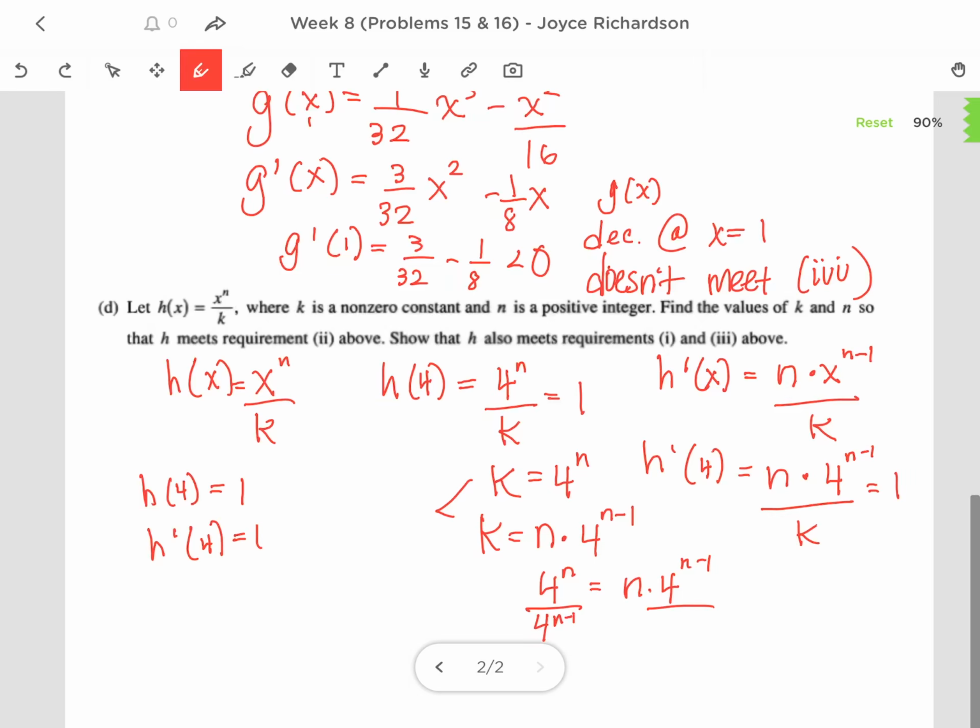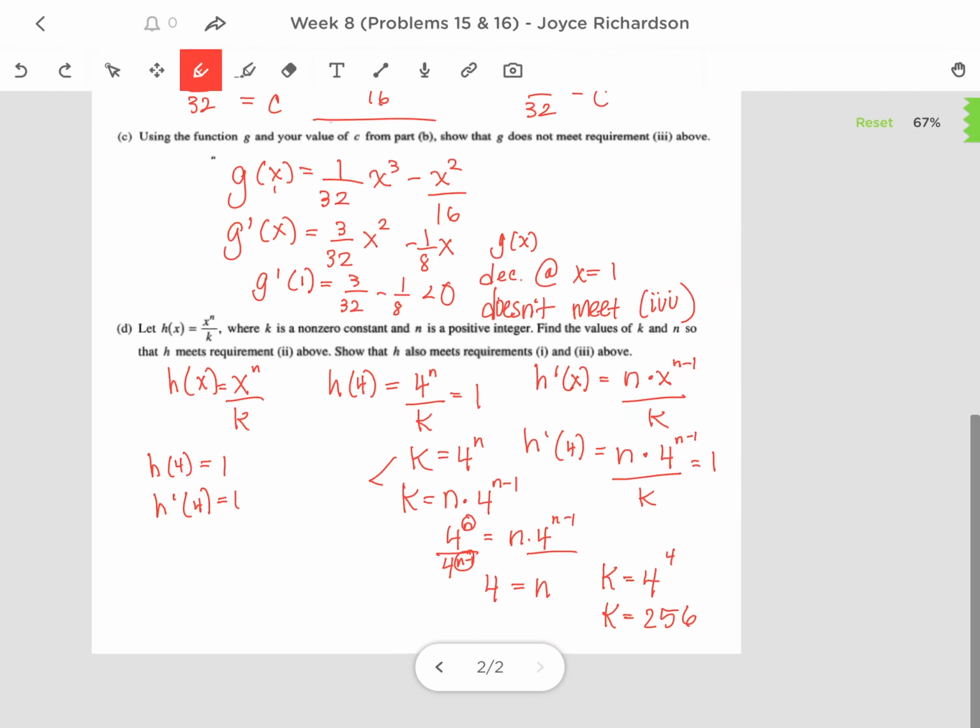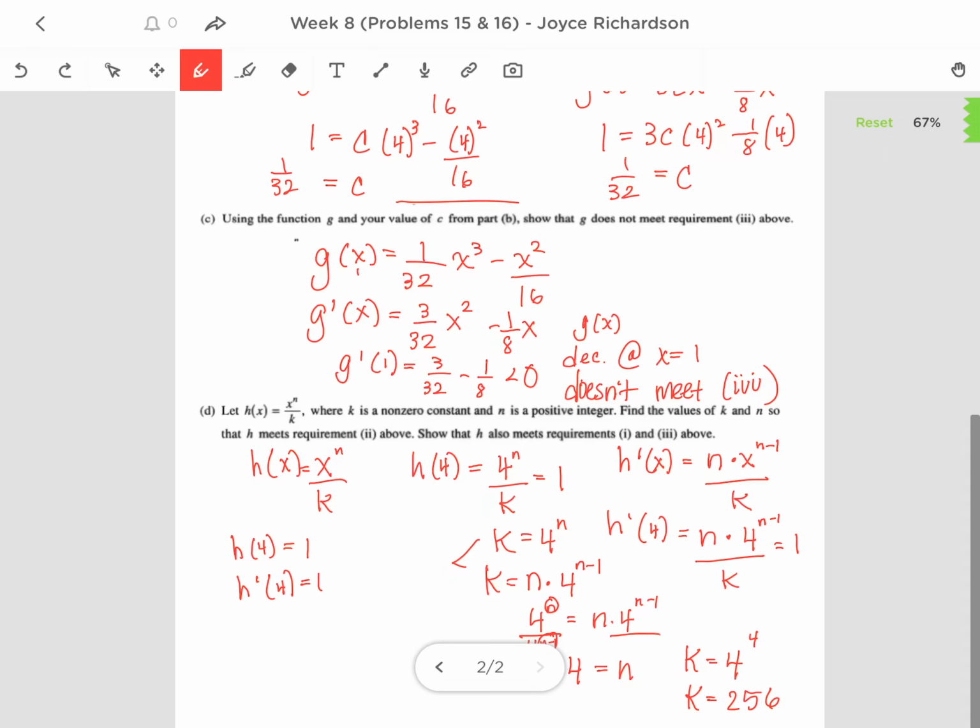Remember they have the same base, so subtract your exponents: n minus the quantity n minus 1, you're going to get 4 is equal to n. So right there, you know n is equal to 4, which means k is equal to 4 to the 4th power, which is 256.